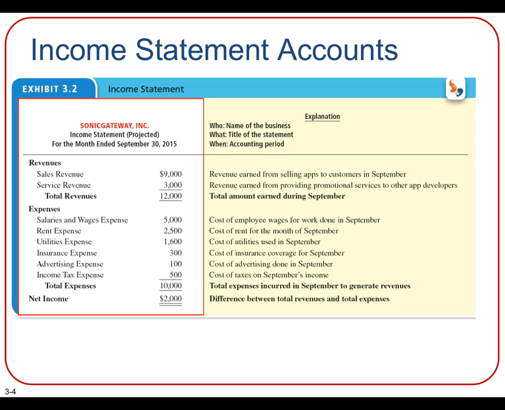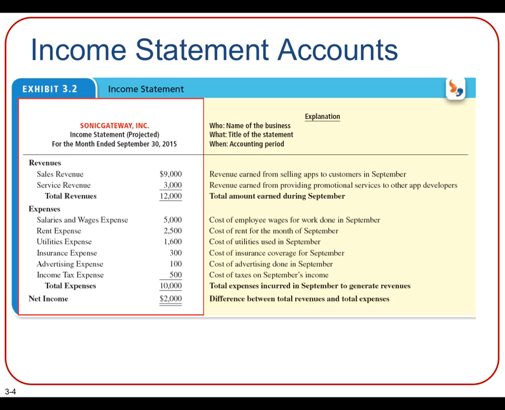The time period assumption is very important for income statements. If you remember, I said the balance sheet is a snapshot of one point in time, so it normally says as of September 30th, 2015.